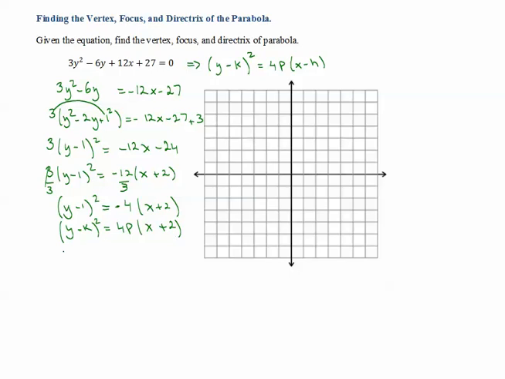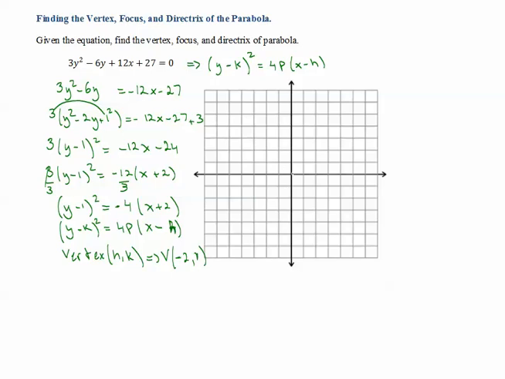So from here we see that the vertex is (h, k), the formula says, which in our case, for h we'll have negative 2. Here I have a negative in the formula, just a typo. So for h we'll have negative 2, and for k it is 1.